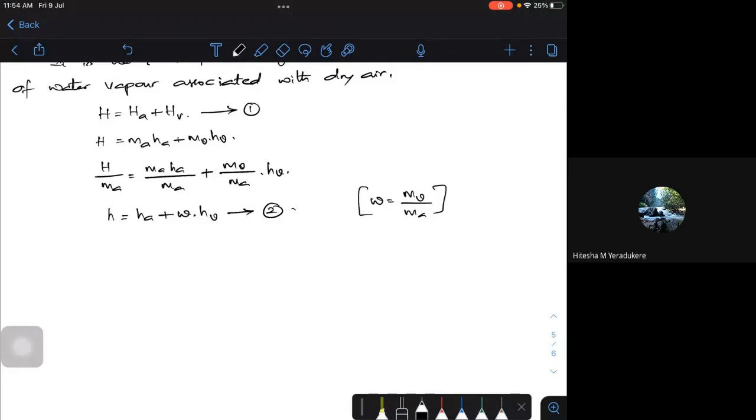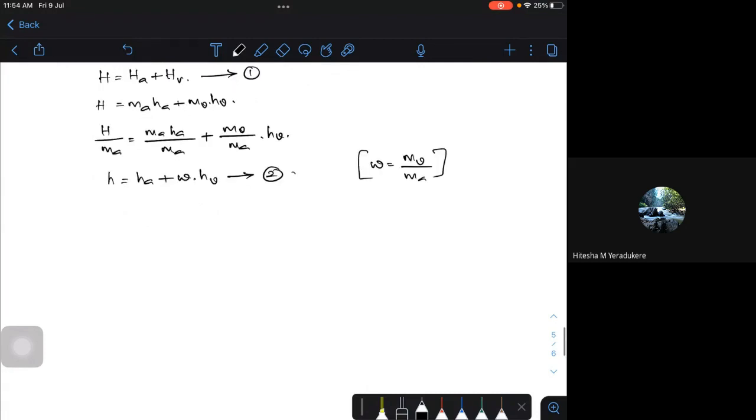So HA is equal to Cp of air into T_db, where T_db is nothing but the dry bulb temperature, which you already defined.